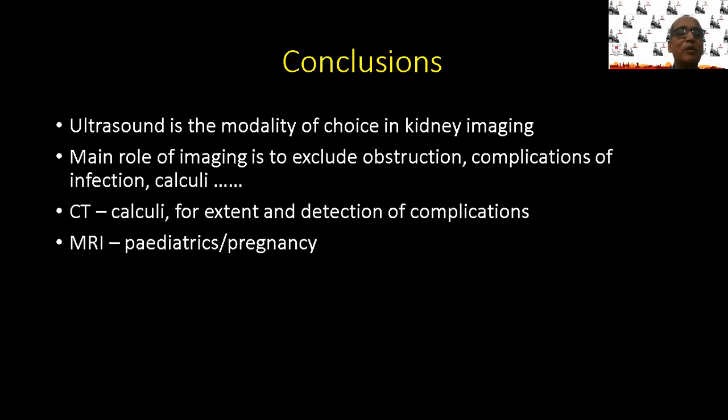And MR would play a role where ultrasound and CT cannot be done, or you need more information, especially in pediatric and pregnant patients, where ionizing radiation is usually avoided.